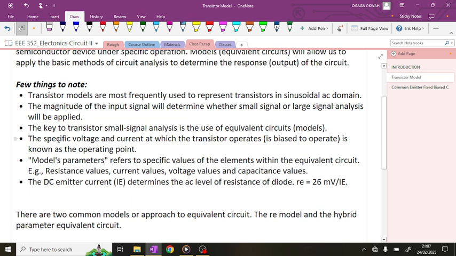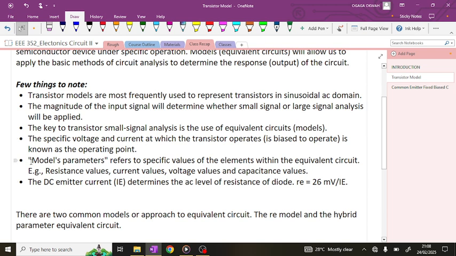It is the point where a specific voltage and current is set where the transistor begins to operate. Don't worry if you can't recall all these points. As we go on, you will understand the value of these key points.